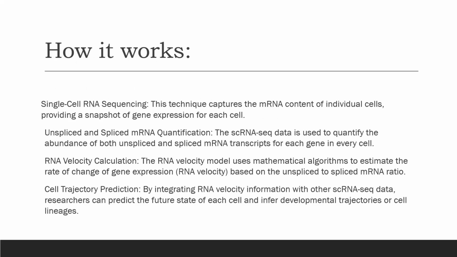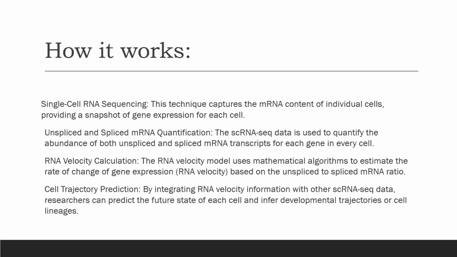Okay. Now how does it work? Single cell RNA sequencing captures the mRNA content of individual cells, providing a snapshot of gene expression. You will see this in the demo itself. When we are studying a gene, we have to entirely study how it works and what the patterns are for that. We need to go through it. Then comes unspliced and spliced mRNA quantification.